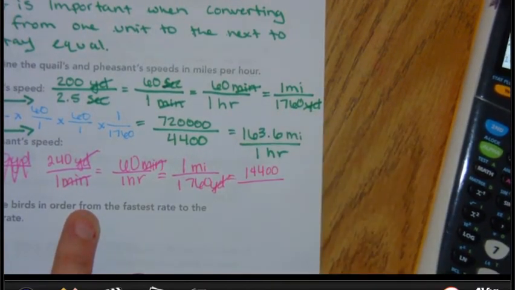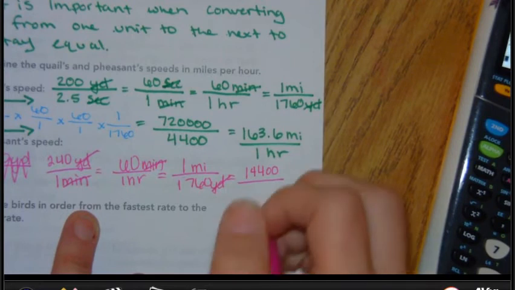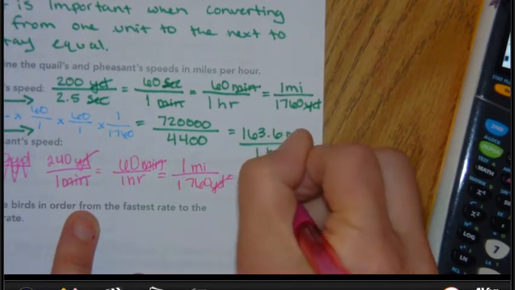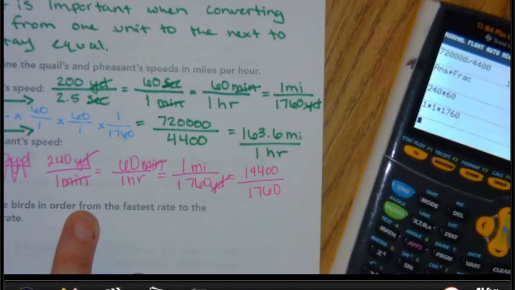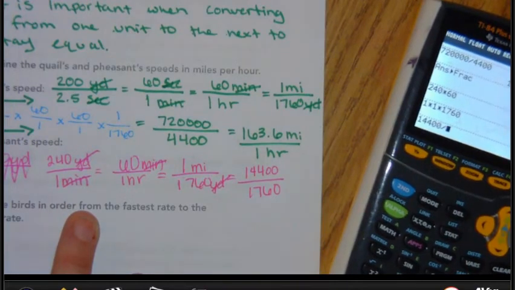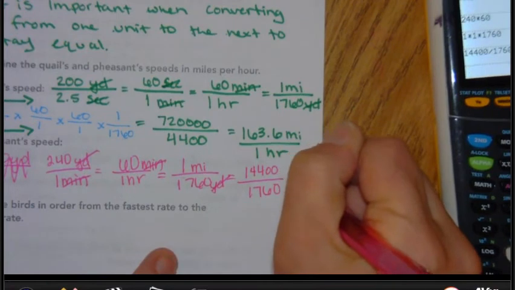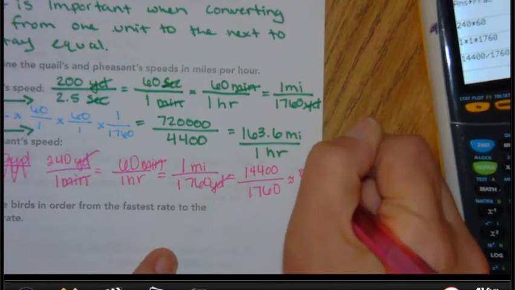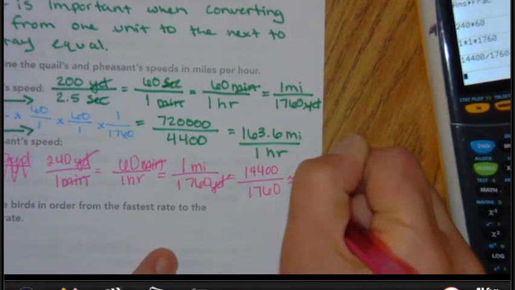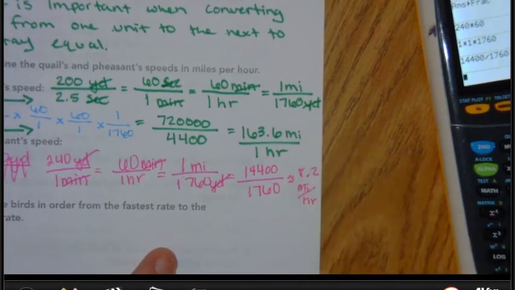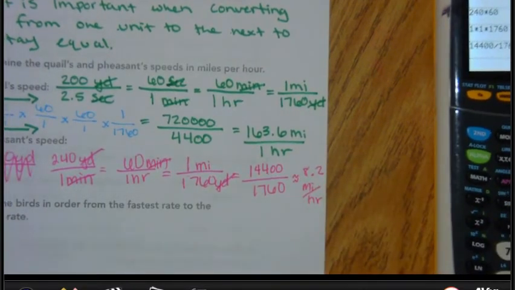And then 1 times 1 times 1760, I have 1760. So 14400 divided by 1760, and I receive roughly 8.2 miles per hour.